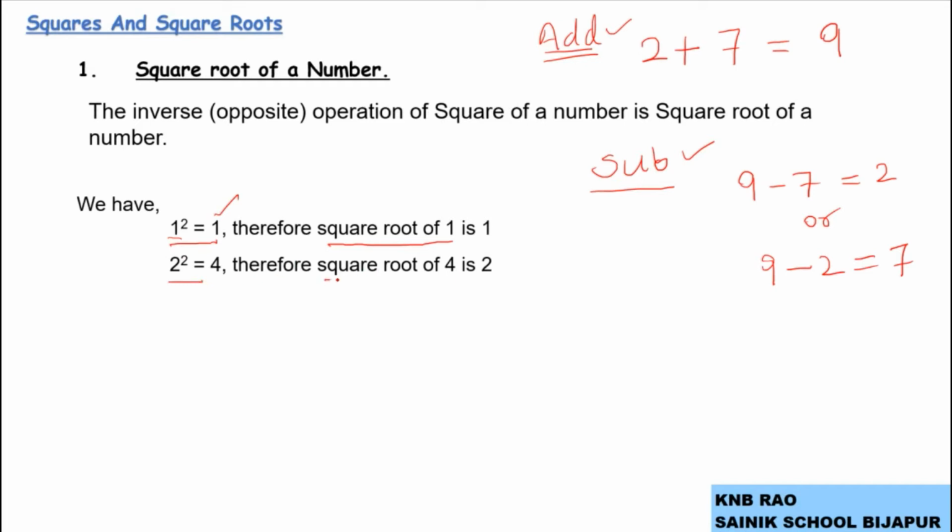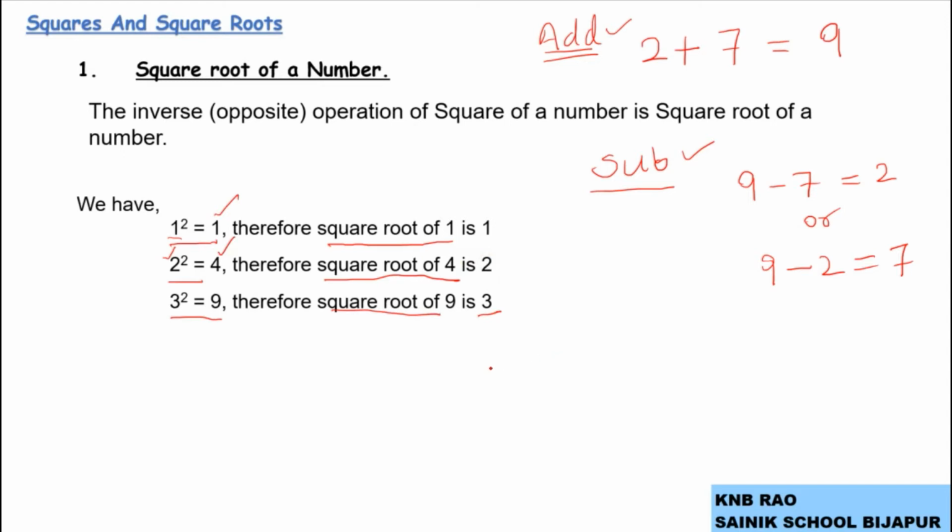Therefore, we can say square root of 4 is 2. One more example: square root of 9 is 3, since we know that 3 square equals 9. So we have the inverse operation of square of a number giving us square roots.